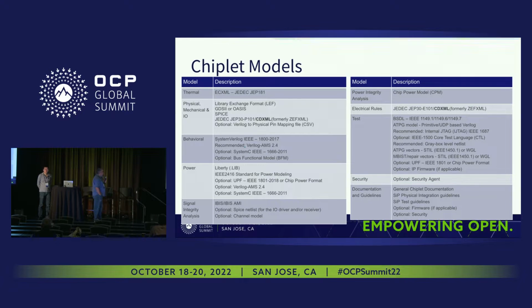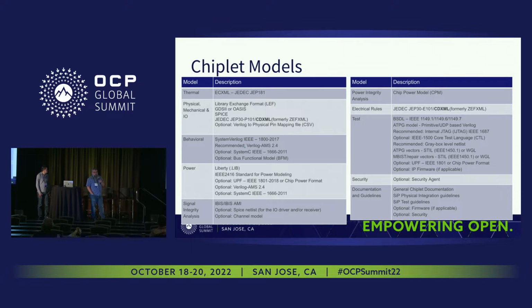We started with thermals, we looked at physical, mechanical, and I/O models that are needed. We looked at behavioral models. Power is also a big aspect: what models we have to exchange both for power implementation and power analysis.